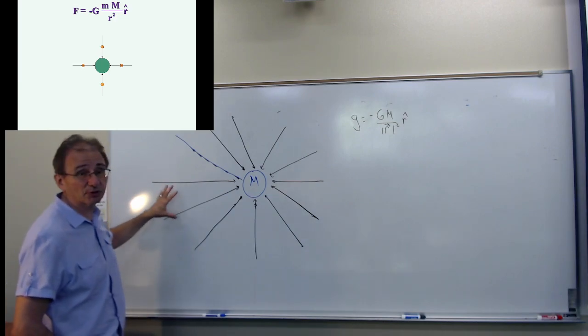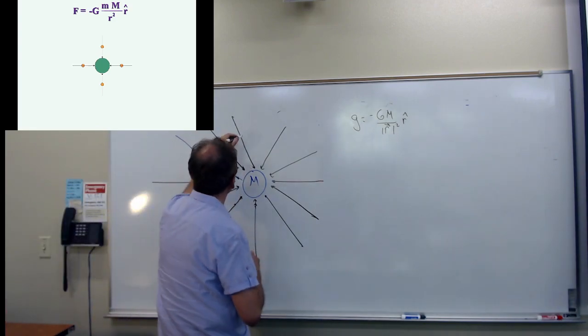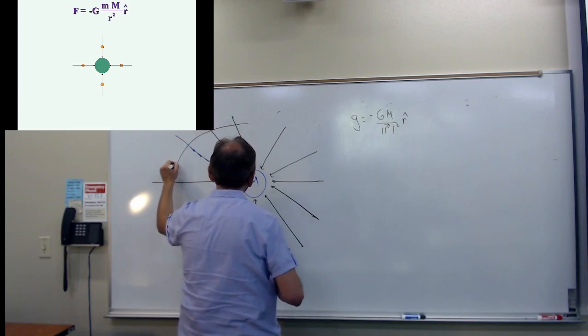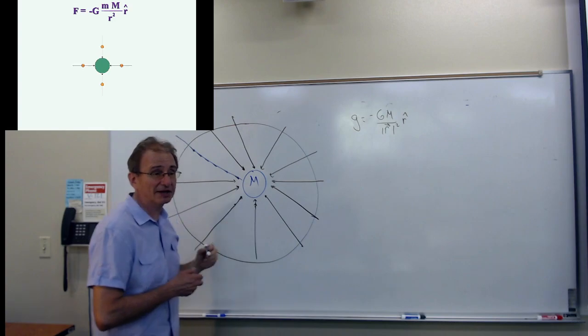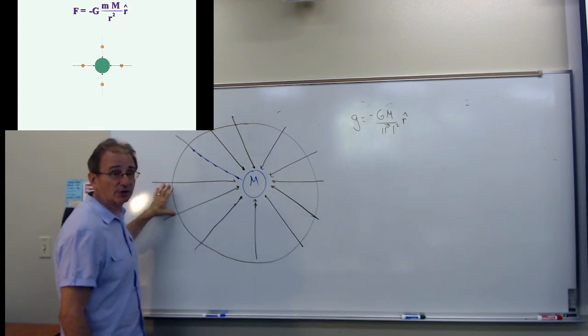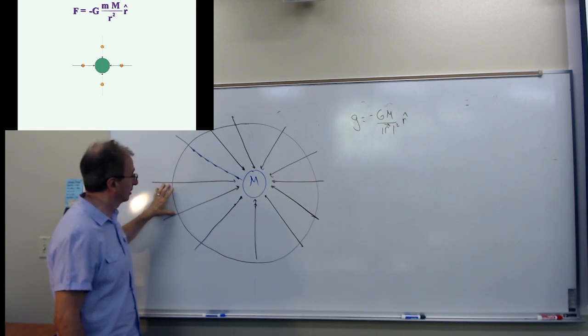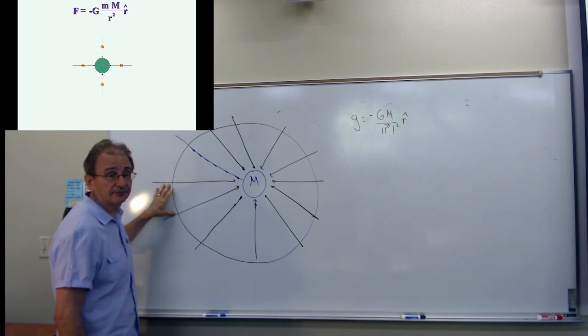So the number of lines per unit area, if I were to draw an imaginary sphere around this mass, you'll notice that the number of lines per unit area gets smaller the farther away you go.